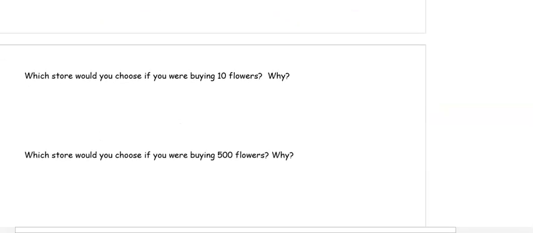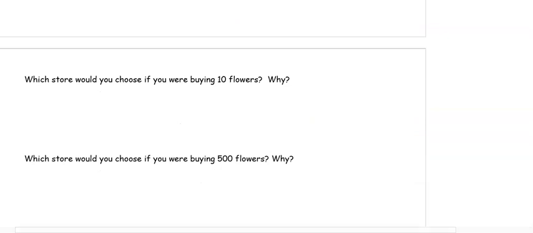So let's look at two situations. Which store would you choose if you were buying 10 flowers? If we were buying 10 flowers, and we look back at our table, Roses Are Red costs $27.50. Flower Power costs $65.